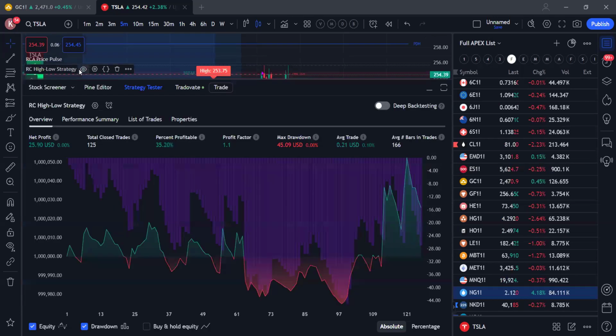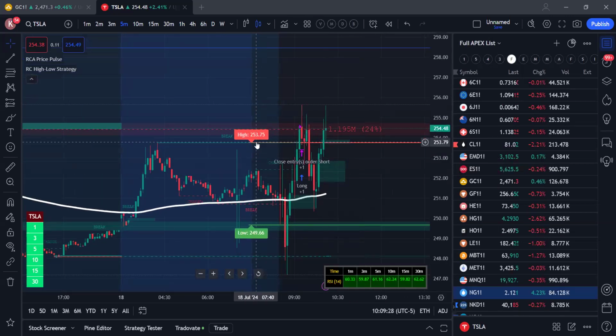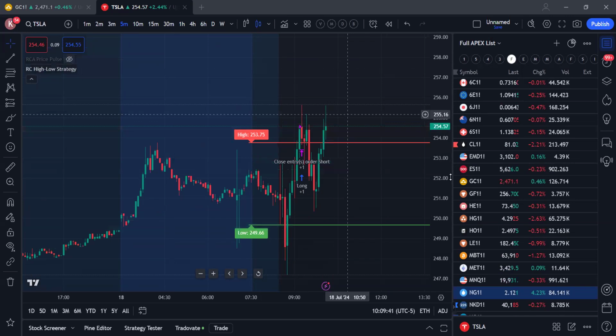And based on high-low strategy, okay, high is 253.75, broke the high. Right, it is not within the low and high. It broke the high. That means there is a high possibility for it to go much further. Right, you got it right.